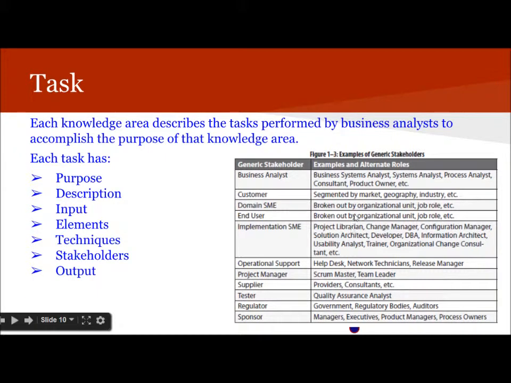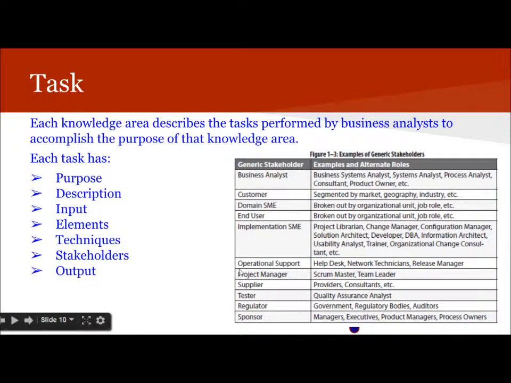End user can be broken out by the organizational unit, job, role, etc. Implementation SME, or implementation subject matter expert, can be project librarian, change manager, configuration manager, solution architect, developer, DBA, information architect, usability analyst, trainer, organizational change consultant, etc.